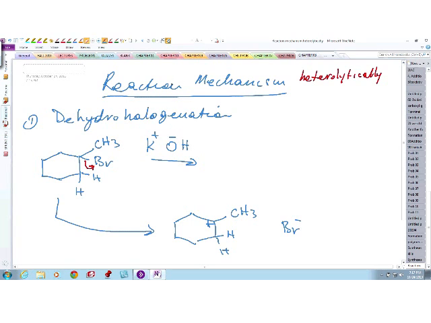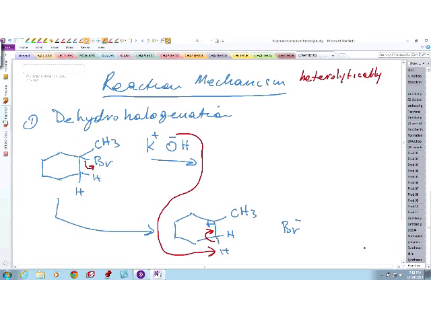This hydroxide will come here in an acid-base reaction to abstract this proton, or to pluck this proton, and in so doing, you are going to release these two electrons to form a carbon-carbon double bond.